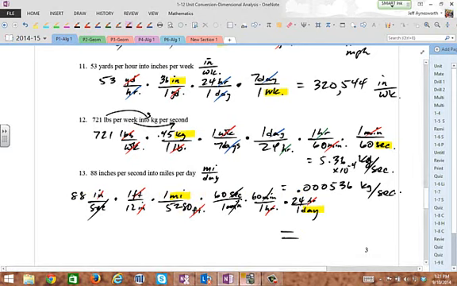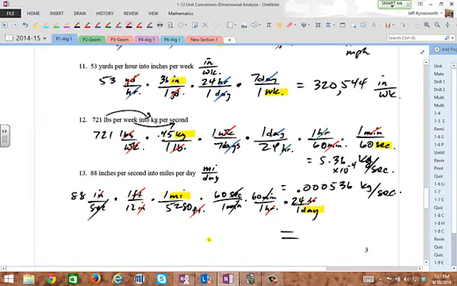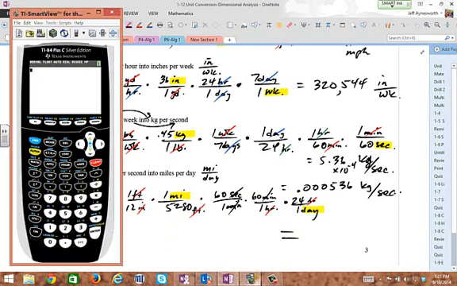So let's start off with clearing the calculator and start off with 88, and then we'll multiply it by the 60s. Okay, so here we go. So 88 times 60 right here, times 60 again, times 24, and then divided by the numbers in the denominator.